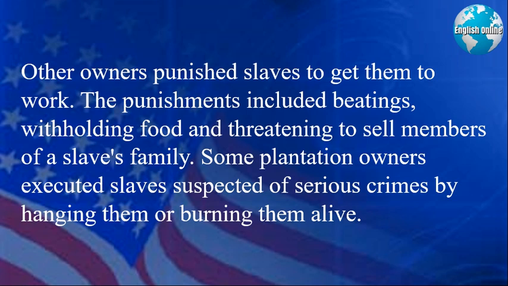Other owners punished slaves to get them to work. The punishments included beatings, withholding food, and threatening to sell members of a slave's family. Some plantation owners executed slaves suspected of serious crimes by hanging them or burning them alive.